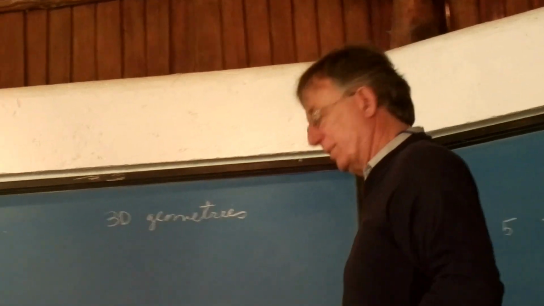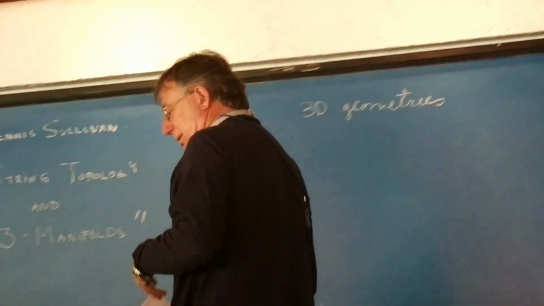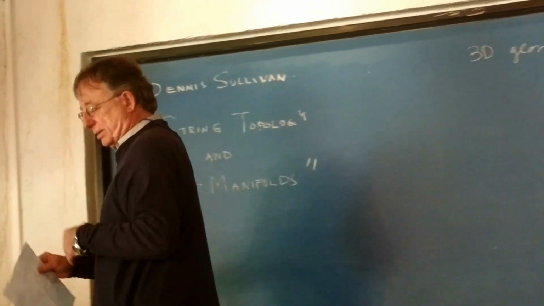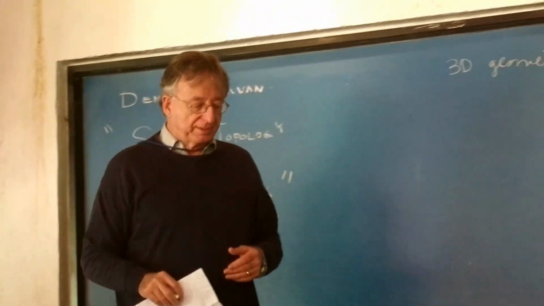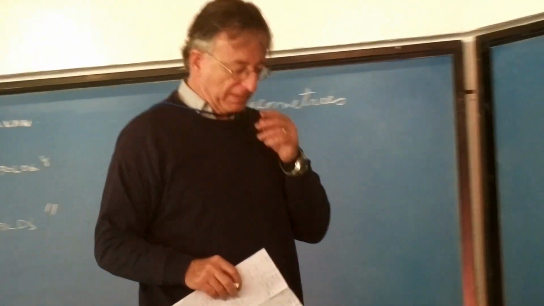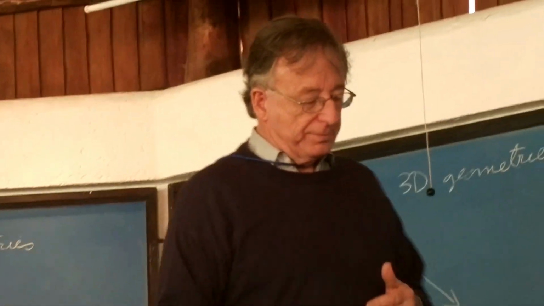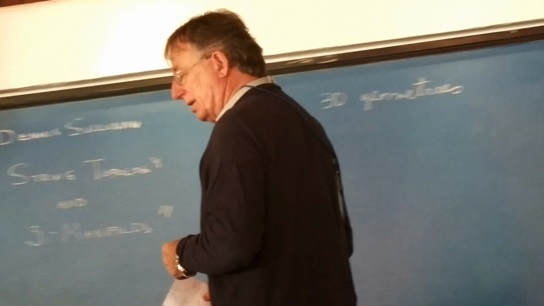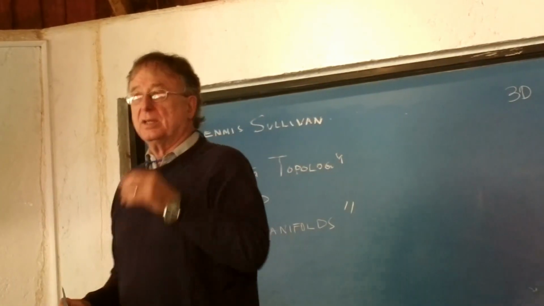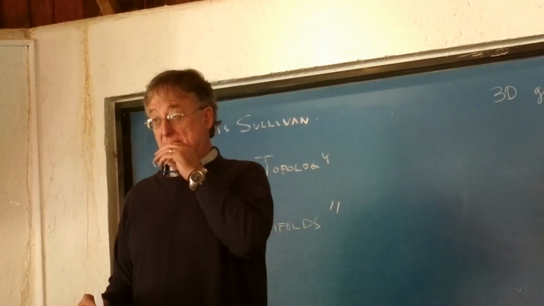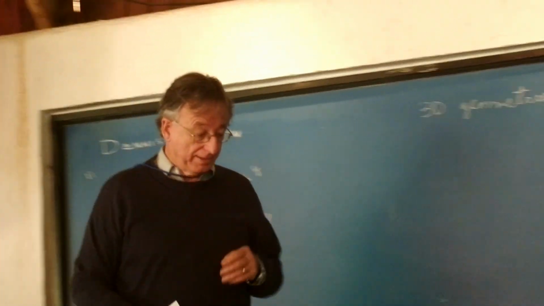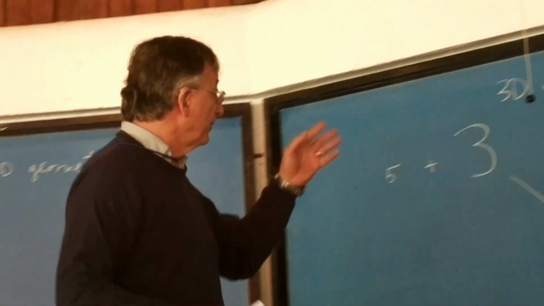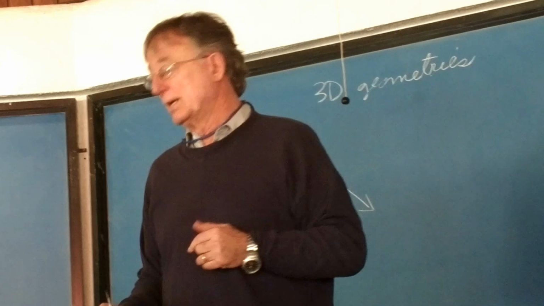So the terrain looks the same. And this simply connected thing should admit a discrete, properly discontinuous group of isometries so that the quotient is compact. So that's the definition of a three-dimensional geometry.